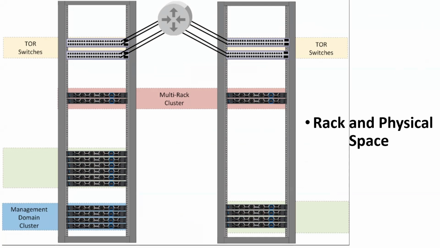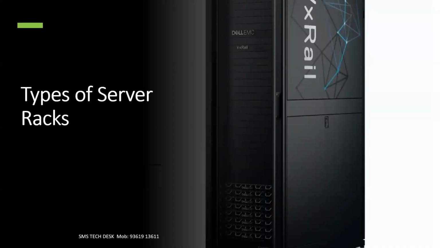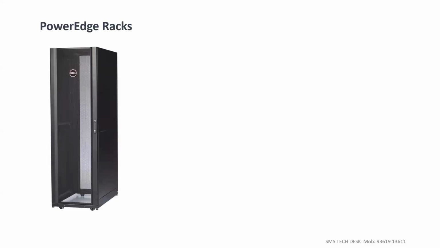Those servers in the rack will connect to the leaf switch. There are types of servers in the market, right? I explained about the infrastructure evolution, and there I explained some of the types of servers in the market. Now let me focus on the racks first, and then we'll focus on the types of servers.